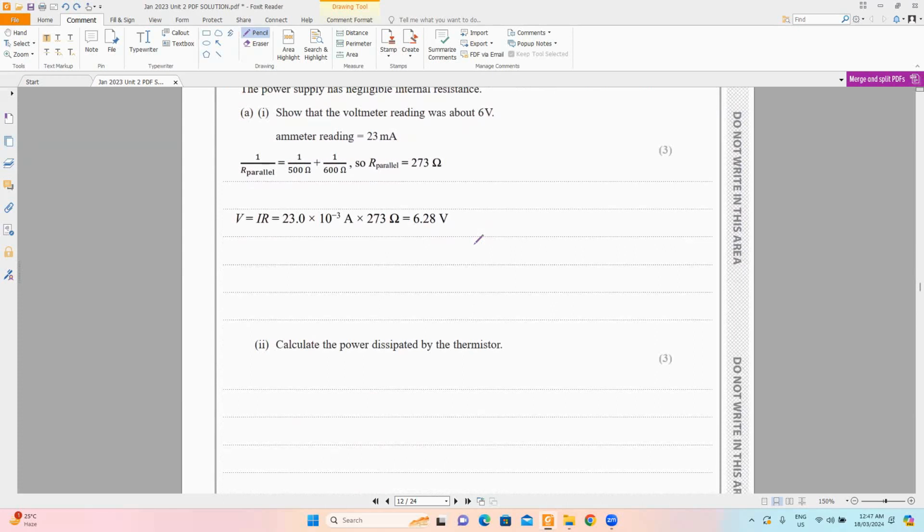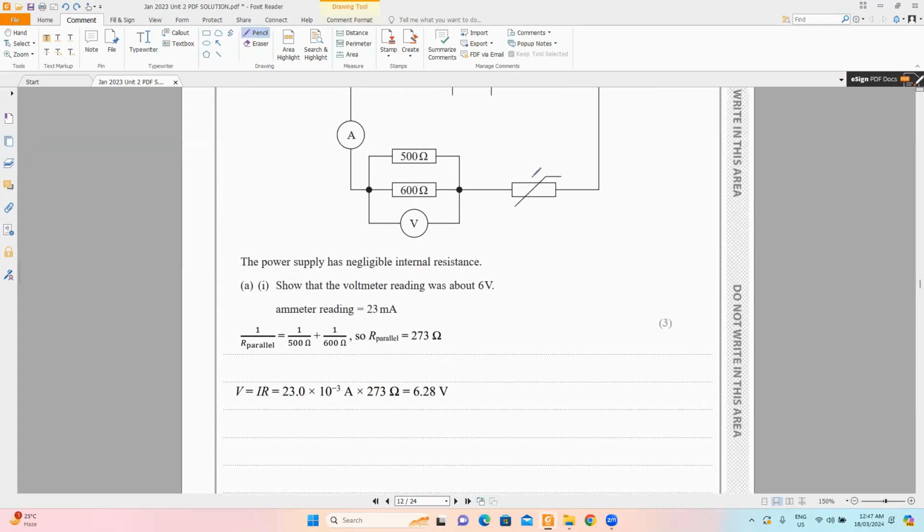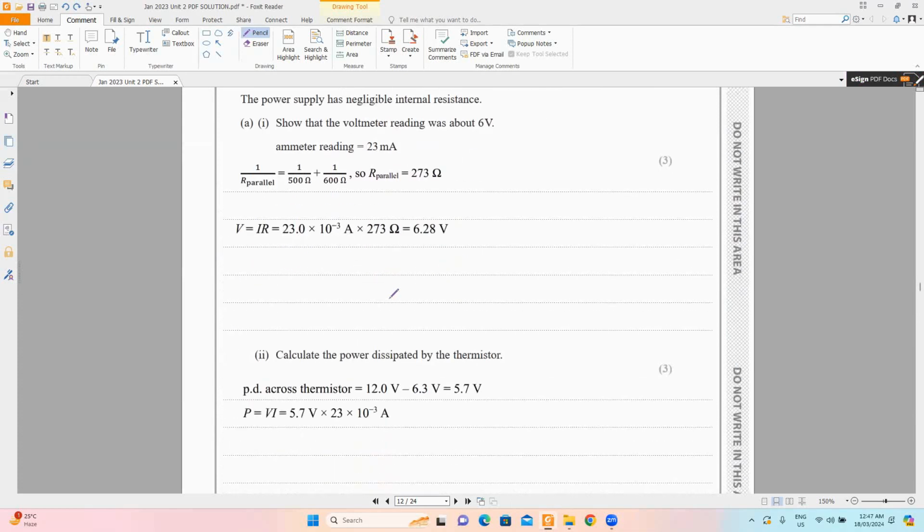That gives me 5.7. And since it's a series circuit, the same current flows. So power equals VI, voltage times the current of 23 milliampere. So the power is 0.13 watt.